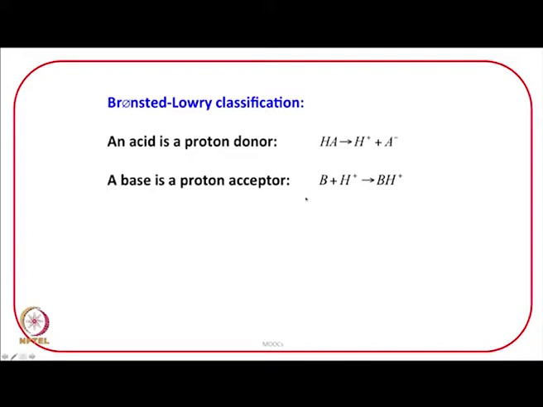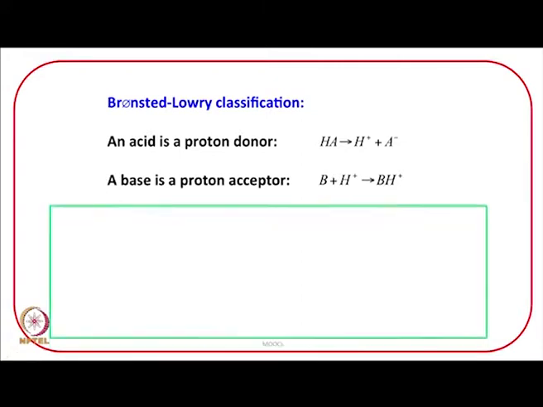That is, a substance which can accept a proton from another molecule acts like a base. So, in the first reaction HA going to H plus A minus, it is donating a proton. So, therefore, HA is an acid, and B is accepting a proton, therefore, B is a base.